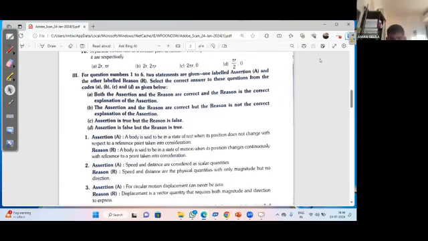Okay, Aman, tell whether assertion is correct or not. Sir, where's the assertion? First question, the very first question. A body is said to be in a state of rest when its position does not change with respect to the reference point taken into consideration.